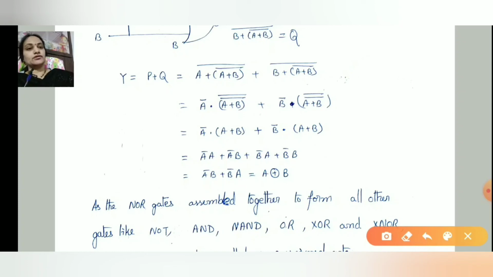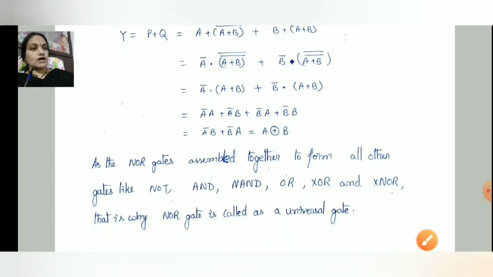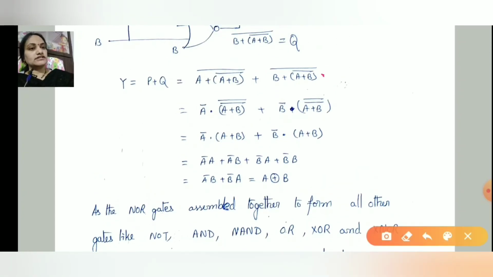First of all, you simplify this bar. Now split the bar and change plus to multiplication, that is dot. Again write the two terms as A and A plus B whole complement. Again this term also is converted like this.